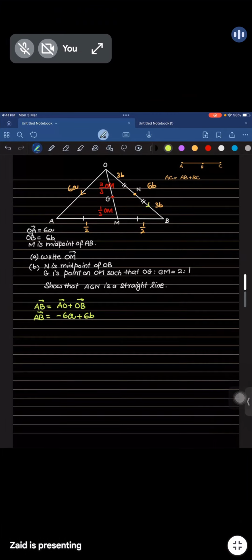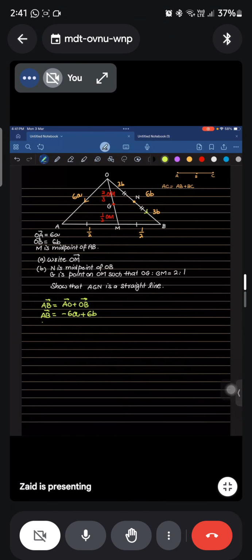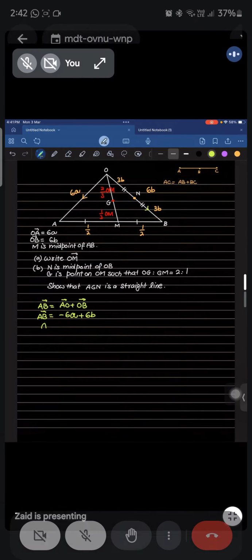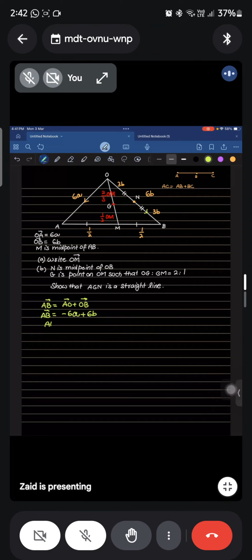Can I take 6 common? So it's going to be B minus A. That simplifies our work. So AB is going to be 6B minus 6A. That's the first thing.